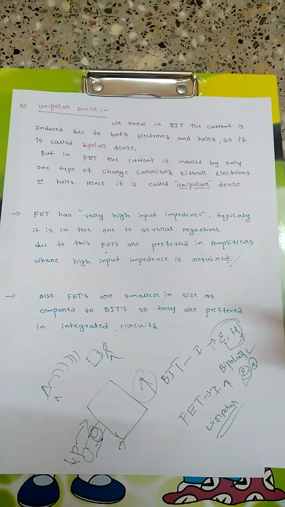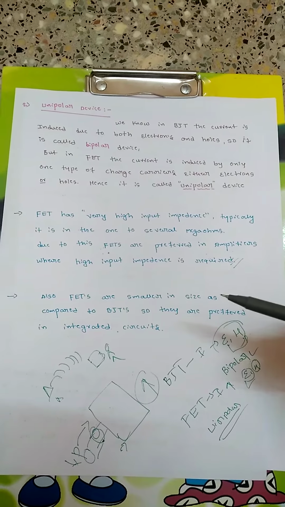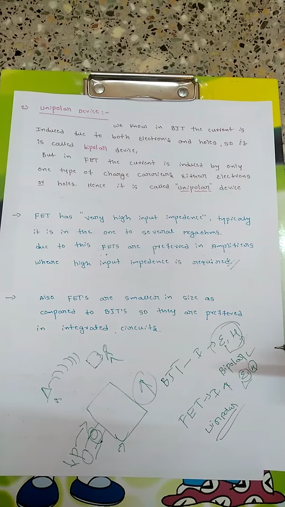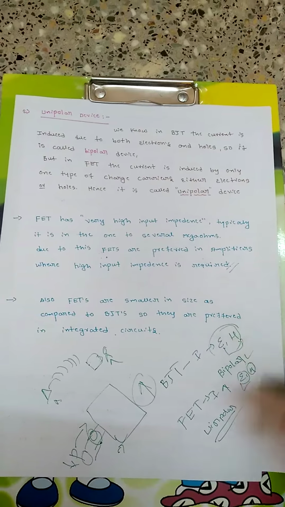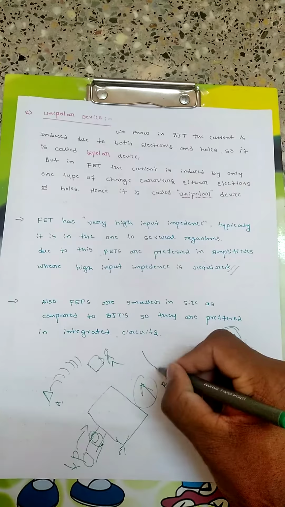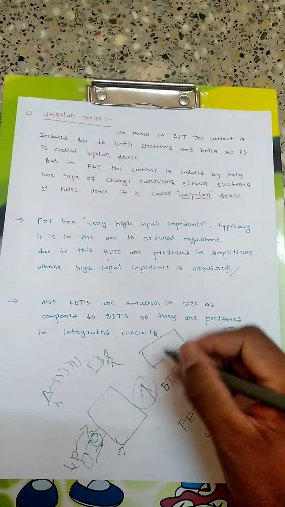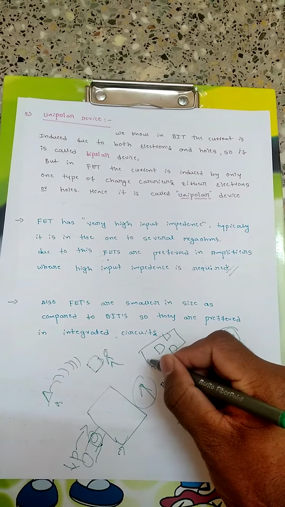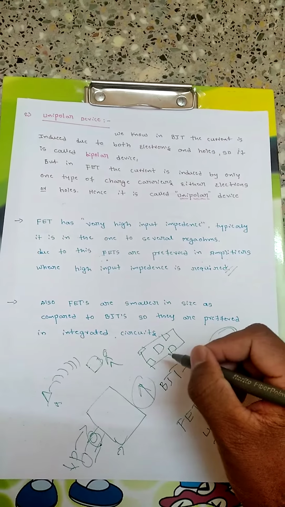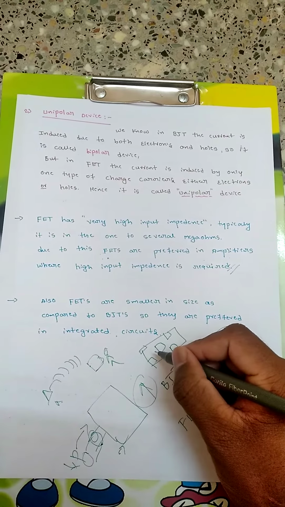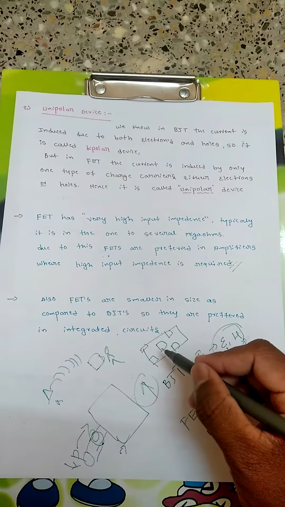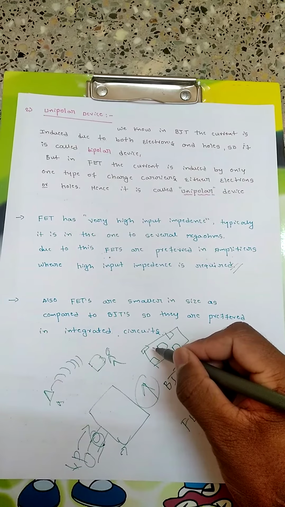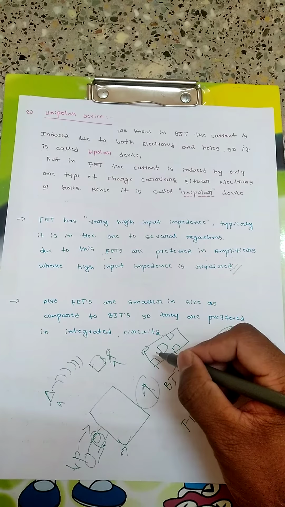Now the last point is, FETs are smaller in size as compared to BJTs, so they are preferred in integrated circuits. As I said earlier, suppose this is some IC, so there will be a CPU, input output ports, and capacitors and filters applied. There is very little space available, so to fit components like BJTs will be very hard because their size is higher.